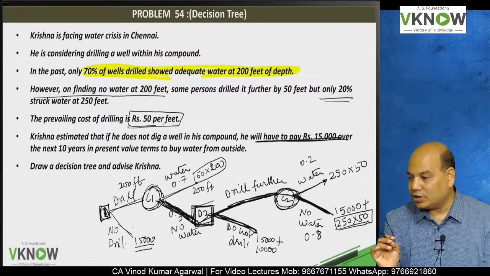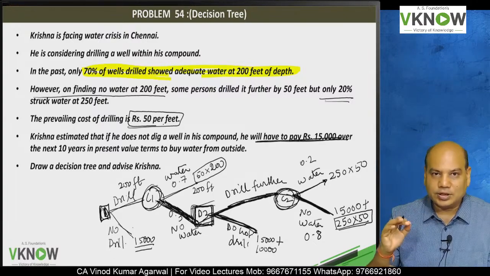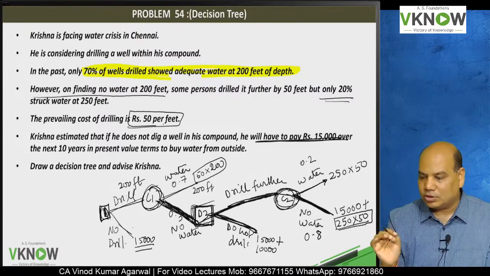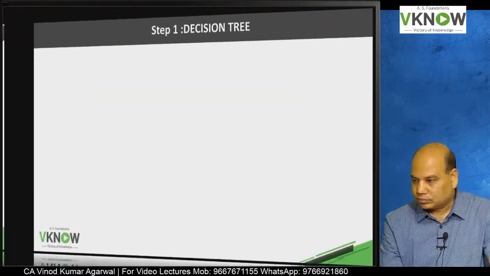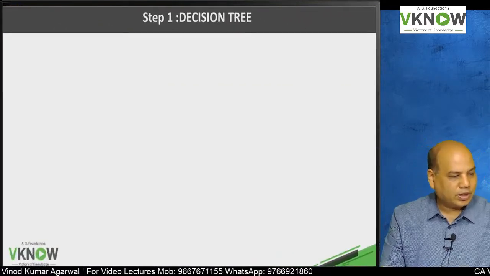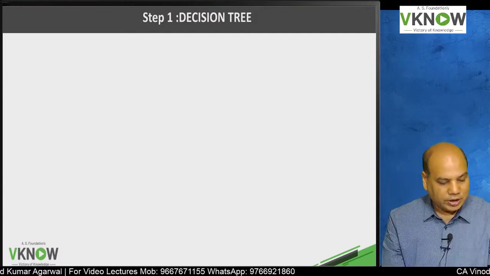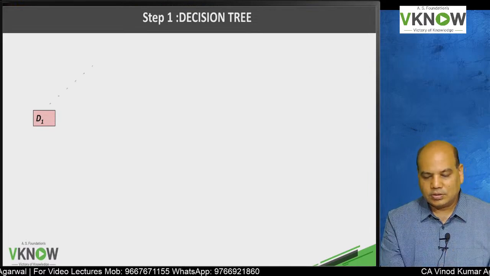So I will choose that decision which will minimize my cost. Is it right? So write down step 1, decision tree. Very easy question. Just read the problem, keep question in front of you and look at the answer.